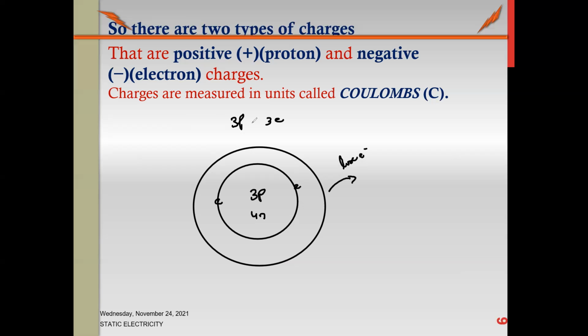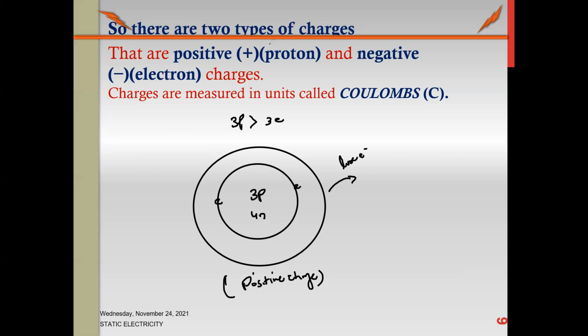So what will be the net charge? It will turn into a positive charge, a positive ion. Positive charge does not mean it has only protons. It means it has protons and electrons, but more protons compared to electrons. That's why it turns out to be a positive charge.